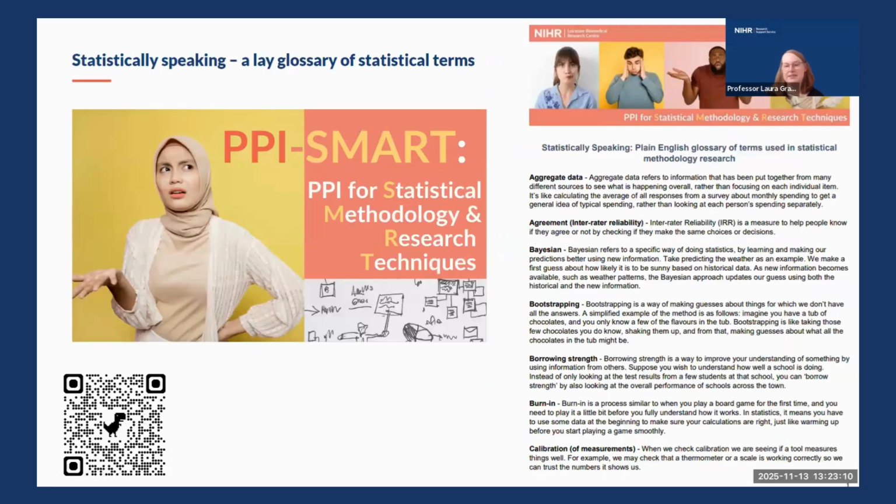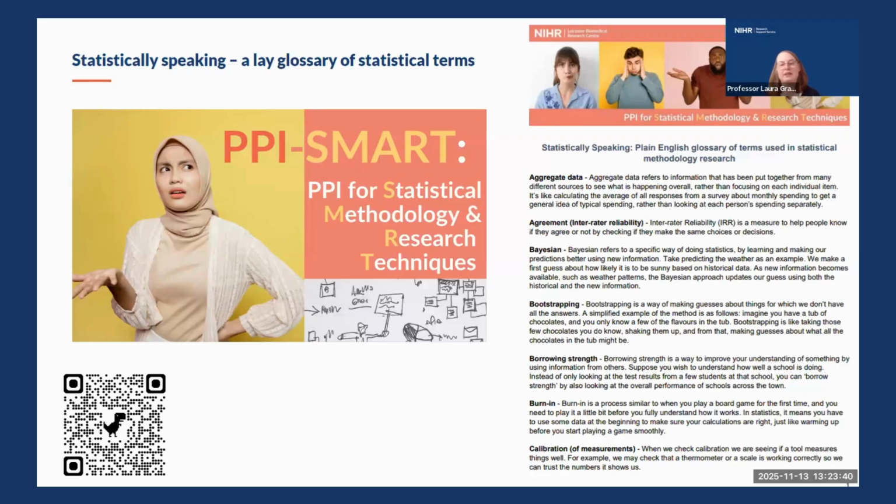Our PPI members said that they really liked the lay summary glossaries on the NIHR website that give accessible definitions for research terms, but they didn't really include the sorts of terms we used in statistical methodology research. So they suggested developing a new glossary which focused on these statistical terms.